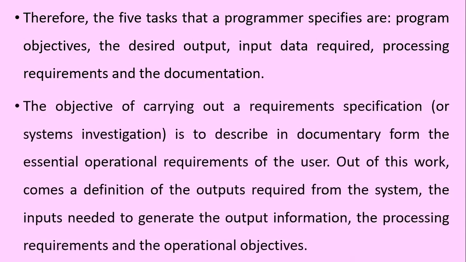The objective of carrying out a requirements specification, or what we call systems investigation, is to be able to describe in documentary form the essential operational requirements of the user. Out of this work comes a definition of the outputs required from the system, the inputs needed to generate the output information, the processing requirements, and the operational objectives.